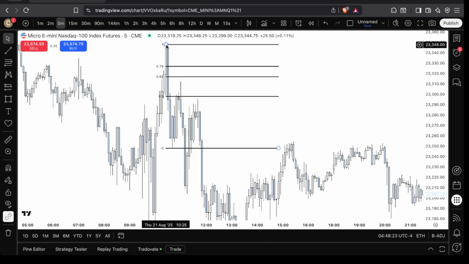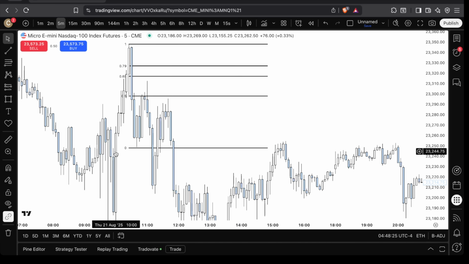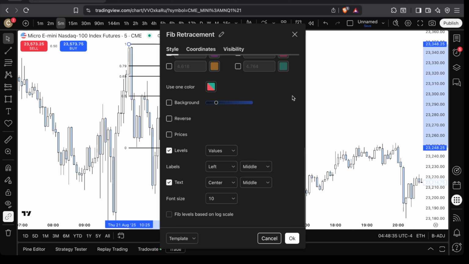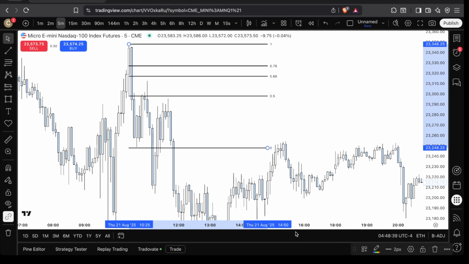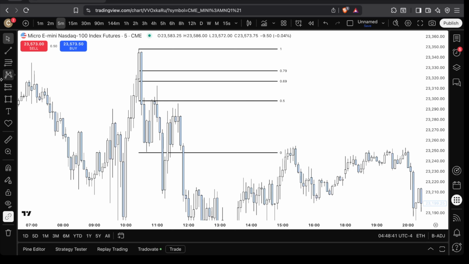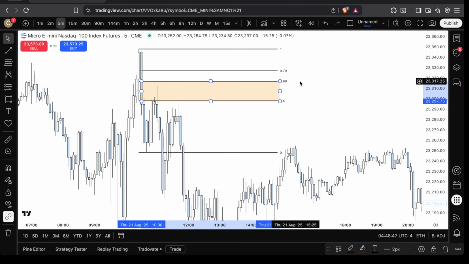If we are bearish, take from the high to the low. Now again, what did price do? Went up, touched the 50% zone. Okay, maybe it's a little bit hard to see. So the 50 zone, right here, the 50% zone.